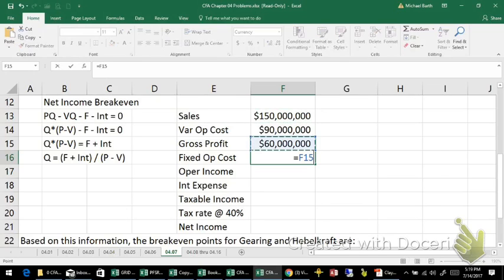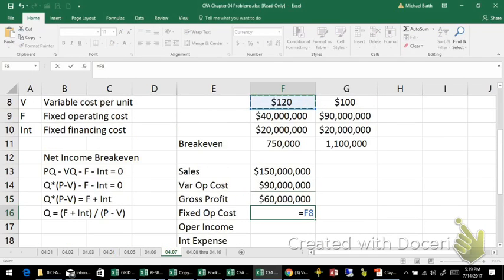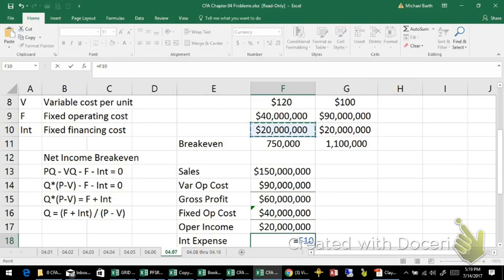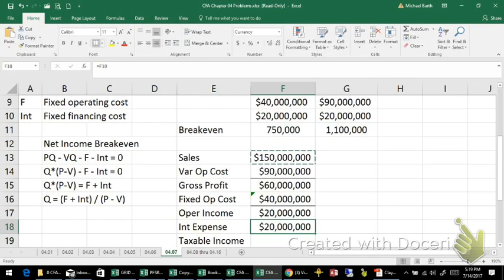The fixed operating costs are 40,000, and I subtract that from the contribution or the gross margin, and that'll give me operating income. The interest expense, 20 million, and I subtract that.